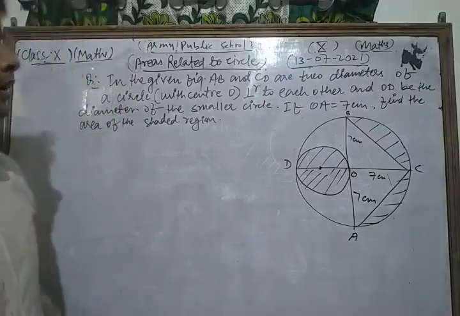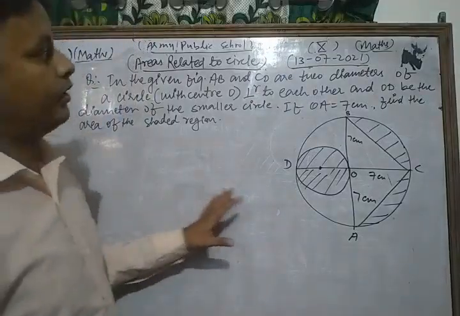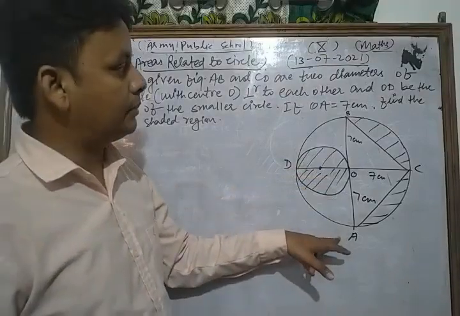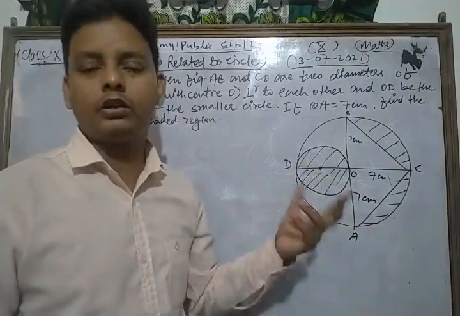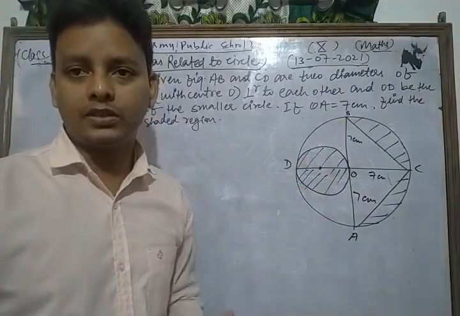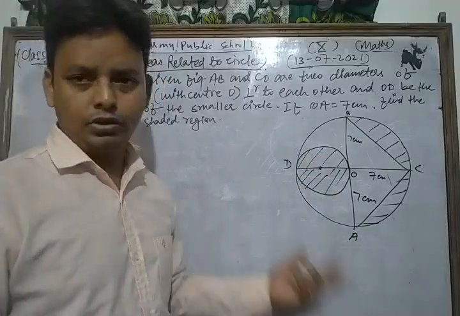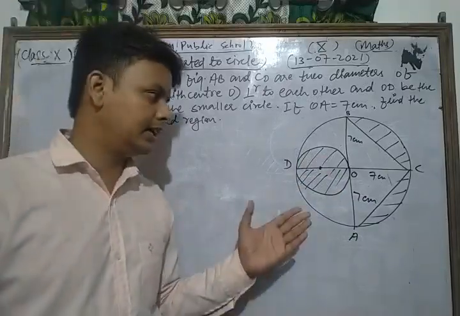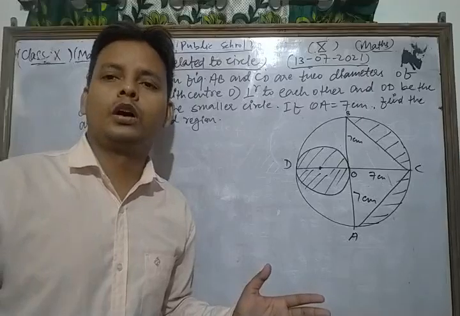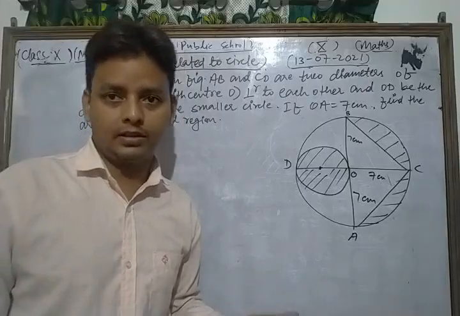Now look here in the given figure, there are two diameters, AB and CD. Diameter is the longest chord of the circle. A chord which passes through the center is called its diameter.